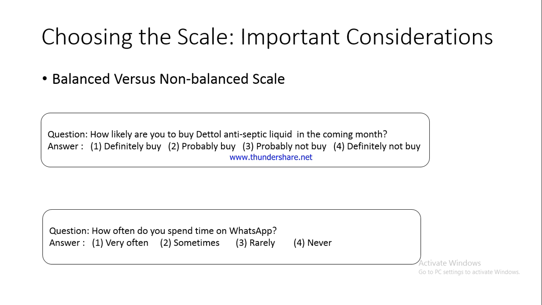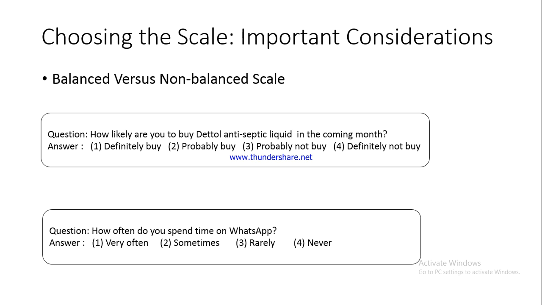Have a look at this question. How often do you spend time on WhatsApp? Now there are 4 response categories: very often, sometimes, rarely, and never. Now can you tell me how many of these response categories are basically telling me that the respondent does spend time on WhatsApp? Very often, sometimes, and rarely. All these tell me that the respondent definitely spends time on WhatsApp, the only difference being the length of time.